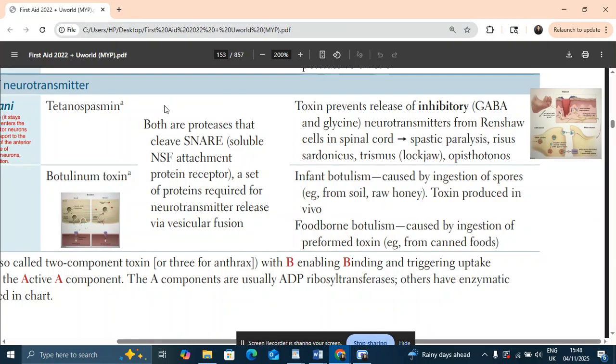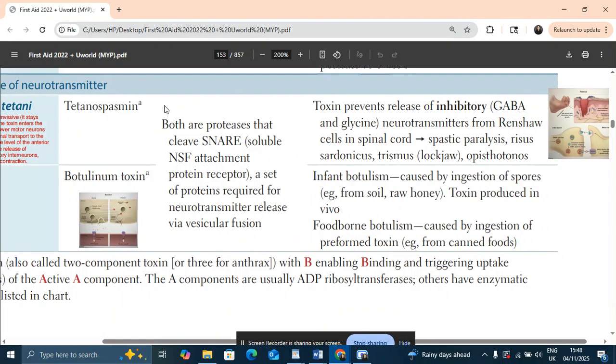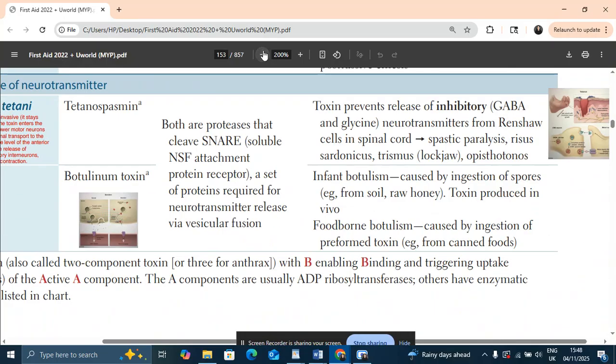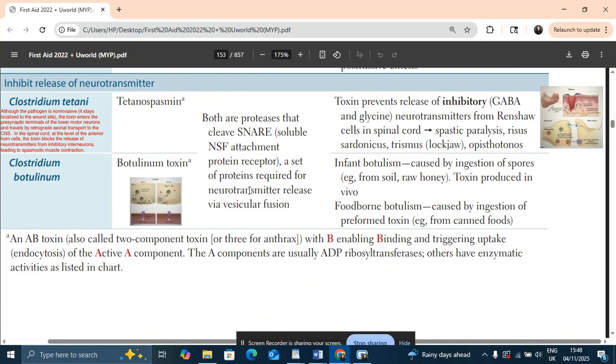This is a very important pathophysiology you guys should know. And this is another view, from the bottom. Tetanospasmin prevents the release of inhibitory neurotransmitters glycine and GABA, always remember, from Renshaw cells in the spinal cord, and that leads to spastic paralysis.